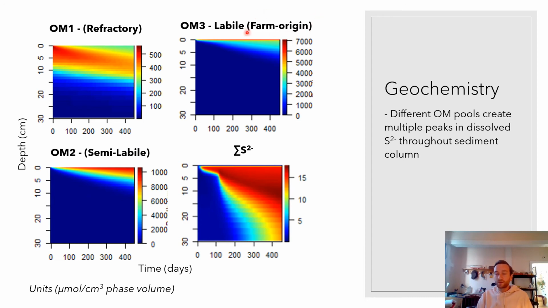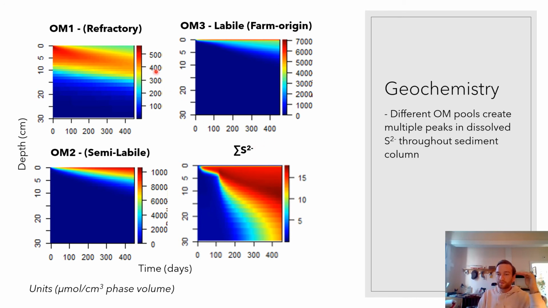I wrote this as farm origin because studies have shown that farm origin organic matter can break down quite rapidly. And a rapid breakdown initially seems good, we're getting rid of this organic matter. However, a rapid breakdown is partnered with a rapid accumulation of dissolved sulfides, which, as I mentioned, can be toxic to benthic invertebrates.